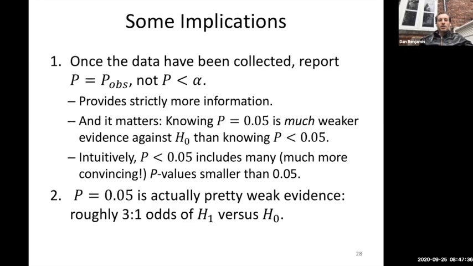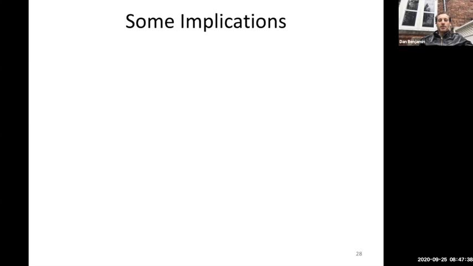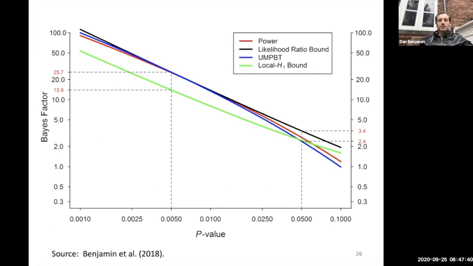And I guess I'll just mention one other thing from this graph, because you may have heard about a paper that I was part of that was arguing for changing the significance threshold from 0.05 to 0.005. And you can see in this figure the kind of logic behind that. People naturally think that p-values of 0.05 correspond to something like 20-to-1 odds.